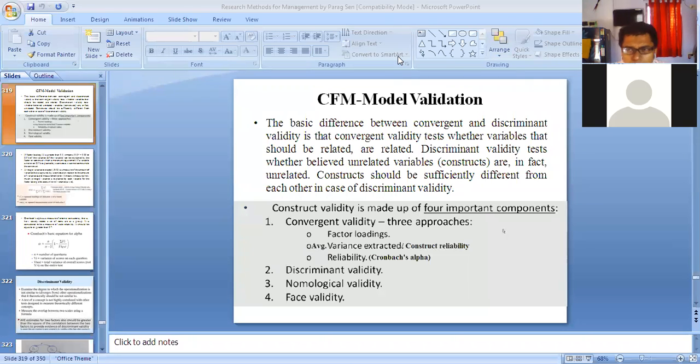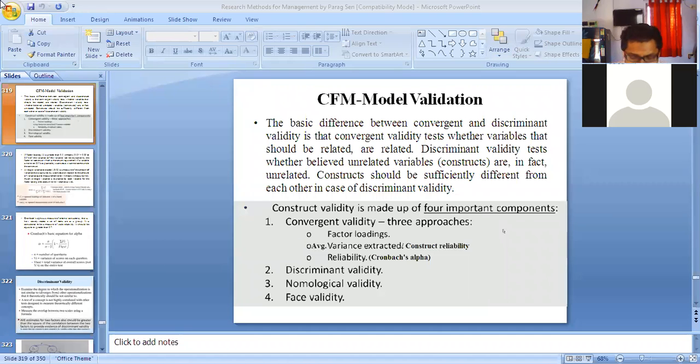Under the part of confirmatory factor analysis, or the measurement model, we have discussed the first part, model building. Then we have also discussed the second part, model identification. The third part, parameter estimations.